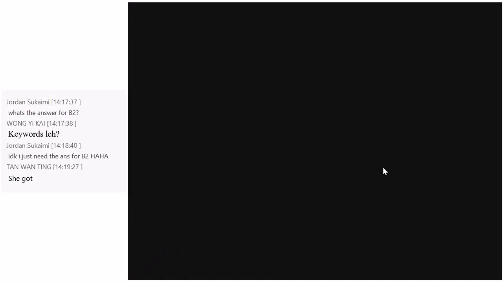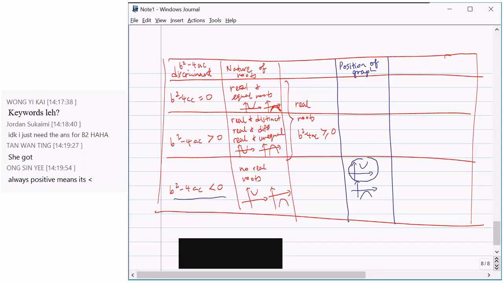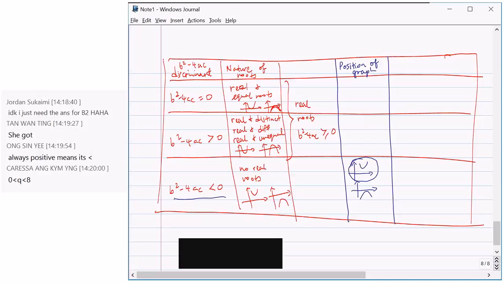So we are talking about this kind of situation. The graph is always positive. If the graph is always positive, then the discriminant is less than 0. This is a tricky part. The graph is positive, but the discriminant must be negative. It's a different concept altogether. Thank you, Carissa.